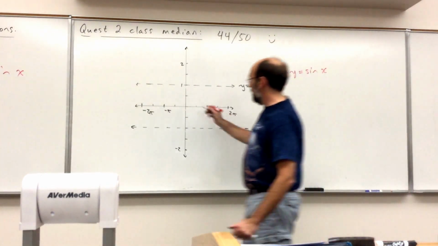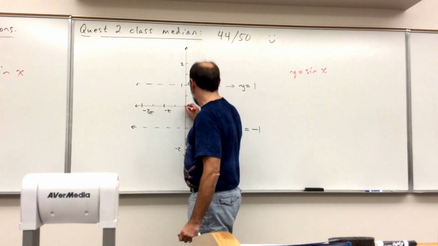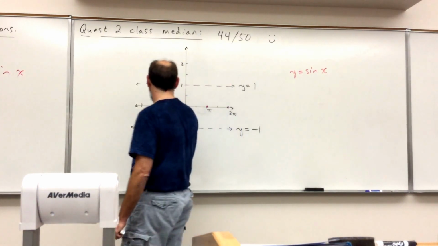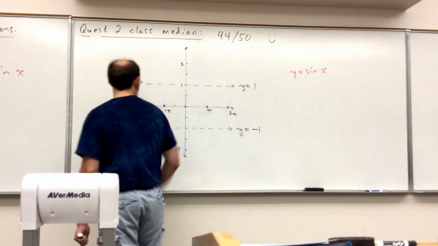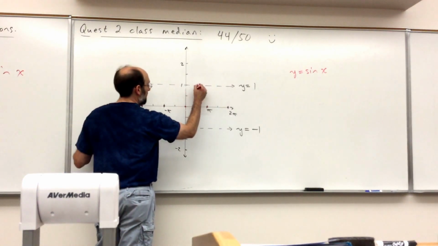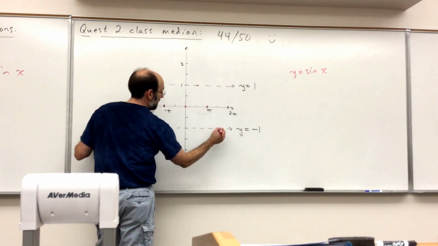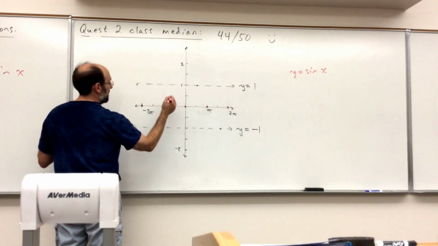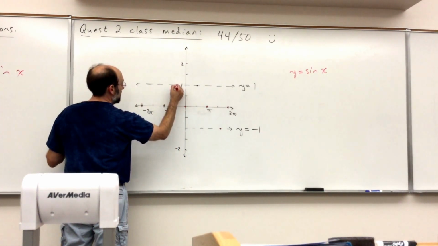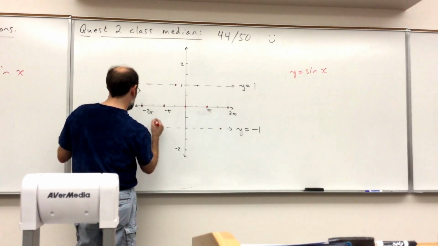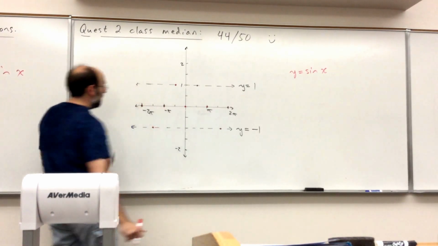I have x-intercepts at 0, pi, 2 pi, etc., minus pi, minus 2 pi. And then I have a max at pi over 2, a min at 3 pi over 2, a max at minus pi over 2, a min at minus 3 pi over 2. Yep. Okay.